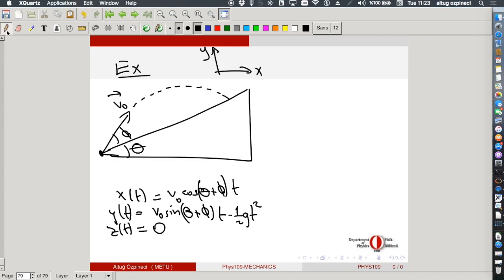So this is the solution of the position of the object as a function of time. Now, how can we determine the time of flight? If we want to determine this point over here, we have to know how long it flies. Once we know how long it flies, then we can determine the x and the y, and so we can determine this distance. So in this problem, how can we determine the time of flight?